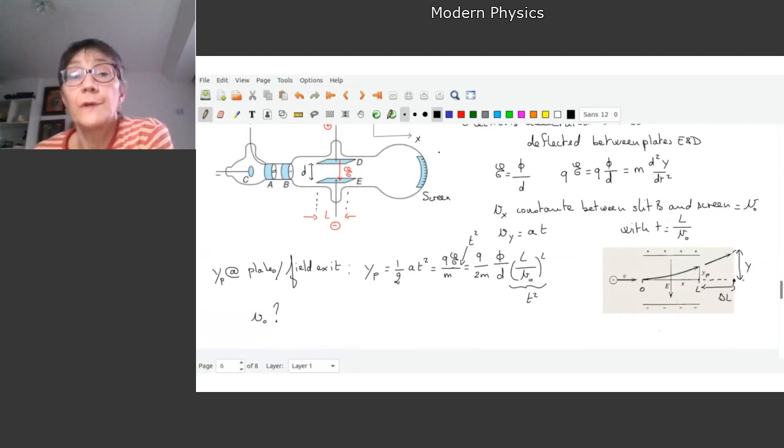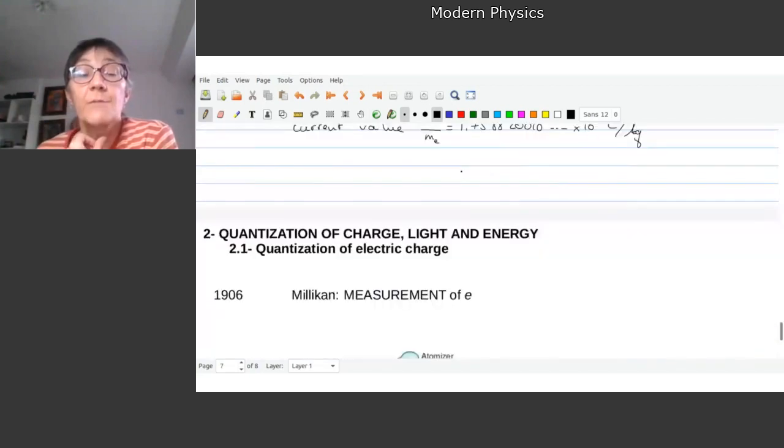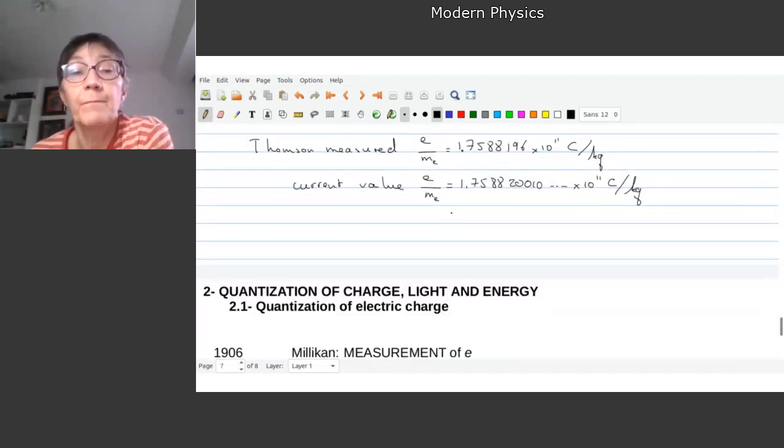So for example, a very simple atom, when you ionize it, it has a mass. We now know that the smallest one would be hydrogen, and so you could see that the mass of these cathode particles was very, very small.